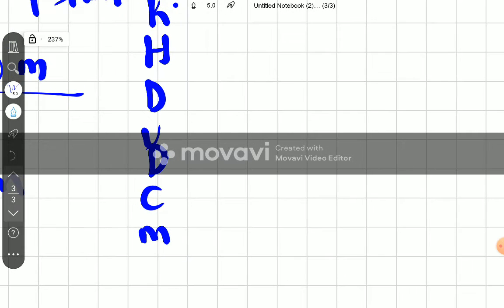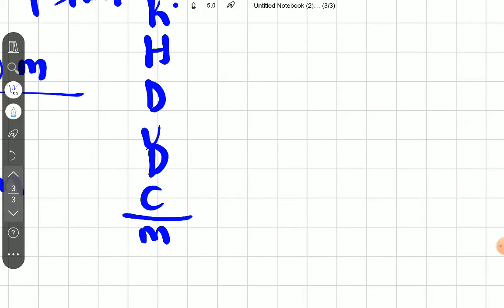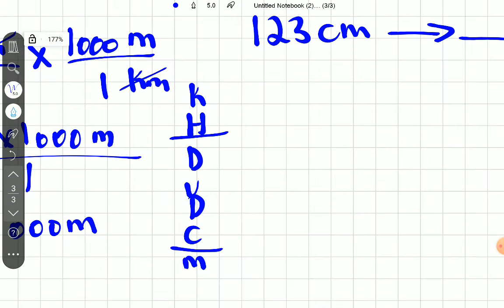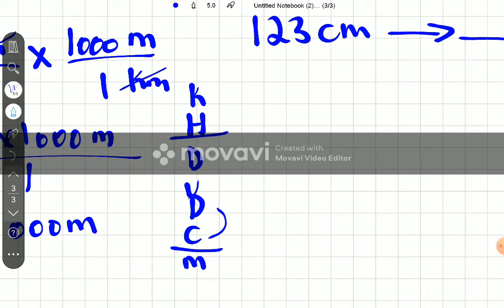So we're given centimeters and we want hectometers, so up here. So we're going from a small unit to a larger unit, so obviously we have to divide. And then you're going up by 1, 2, 3, 4. So 4 would be 10,000. So divide by 10,000.